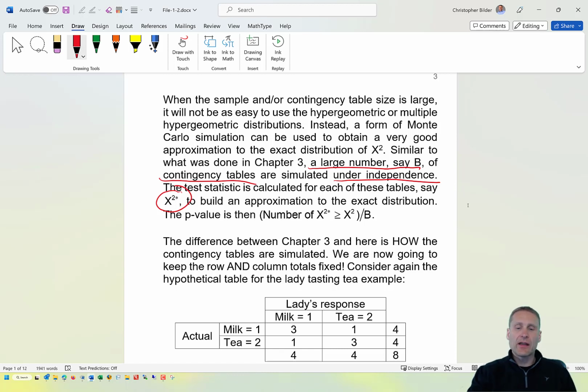And so based upon that, we can calculate a p-value: the number of X squared stars greater than or equal to the actual observed X squared with the original data, all divided by B. So I get the proportion of X squared stars that are larger than X squared. That will give me my p-value for my test of independence.